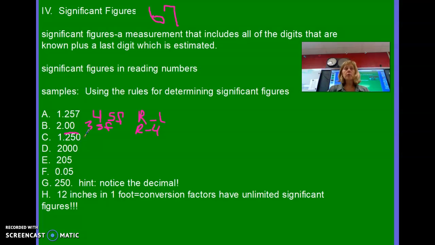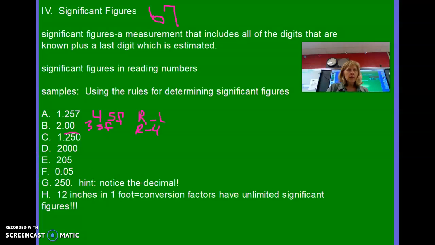I actually had a super precise measuring device, but it ended up being exactly 2 meters. That's important. That's why I wouldn't just write 2 and not include the 0.00, because if I put 0.00, it's like, oh yeah, I used a really incredibly precise measuring device. It just happened to be right at 2.